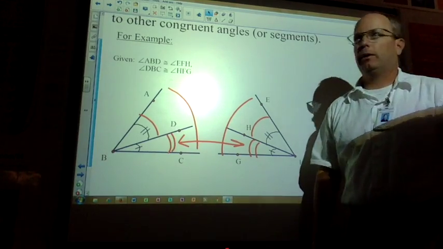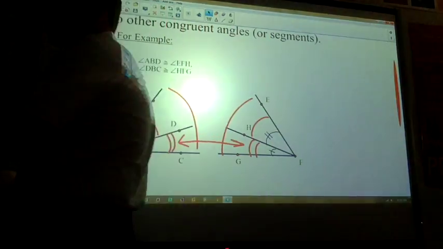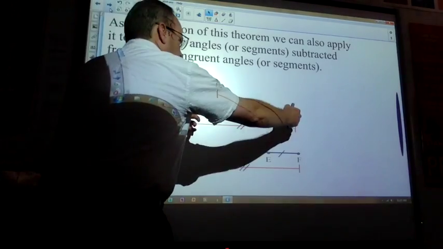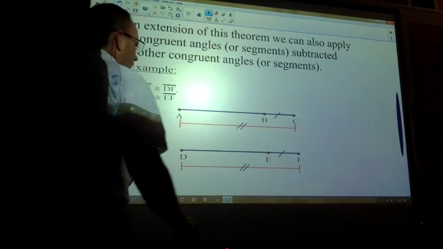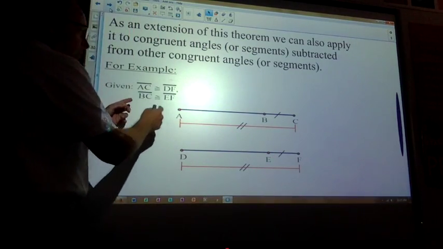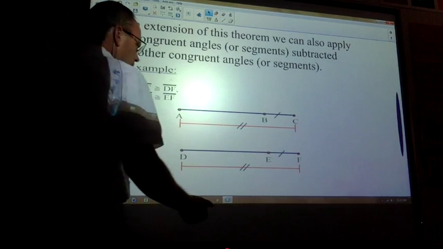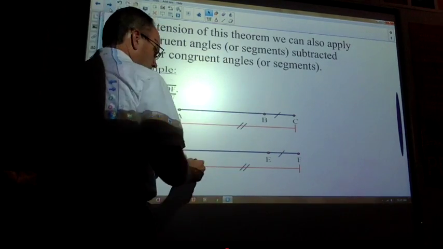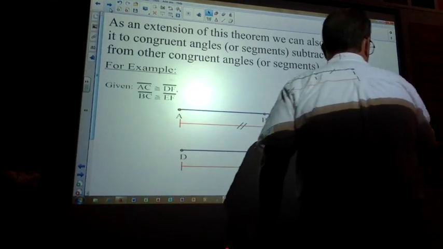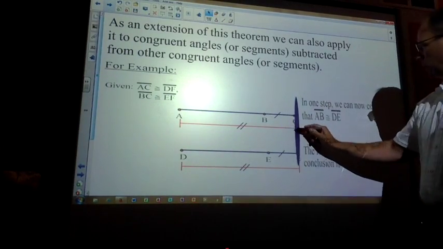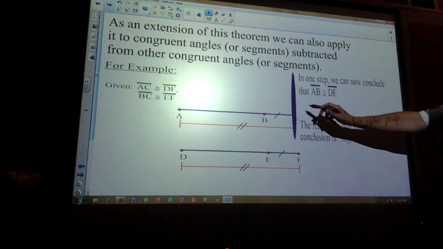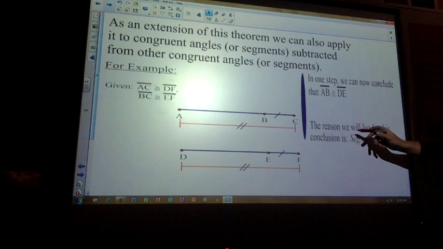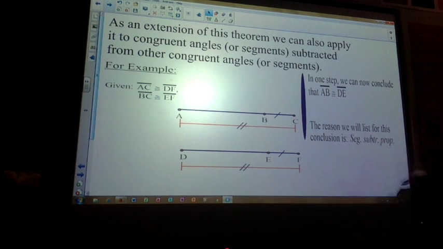That'll be a surprise for next period. All right, ready? I know that AC, so this whole thing, is equal to DF, and I know BC is equal to EF. So in one step we can conclude that AB and DE are the same because we use segment subtraction.